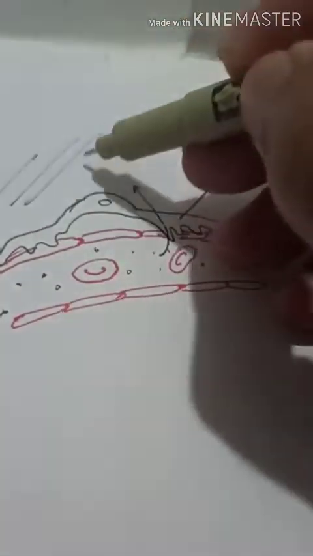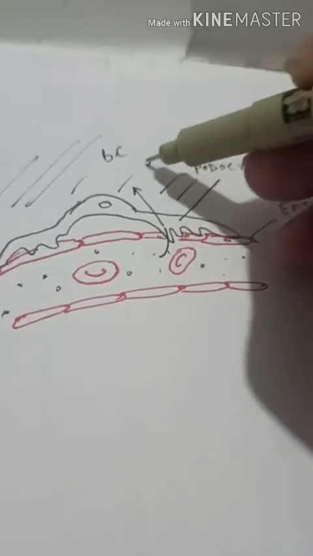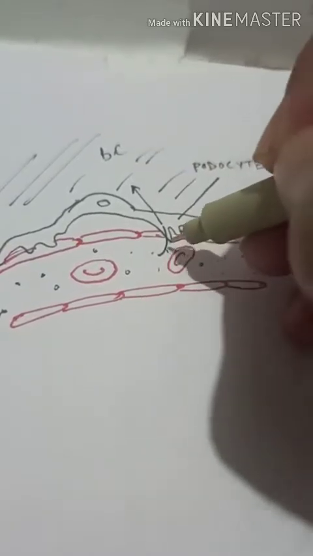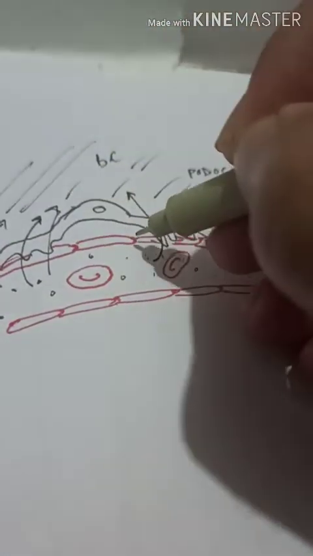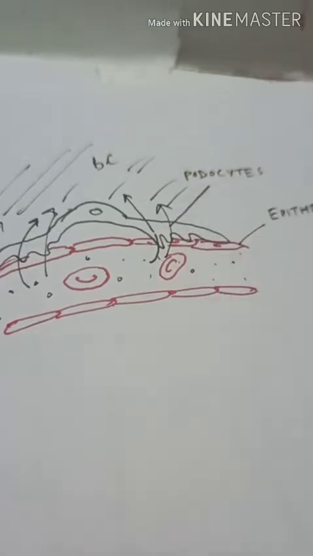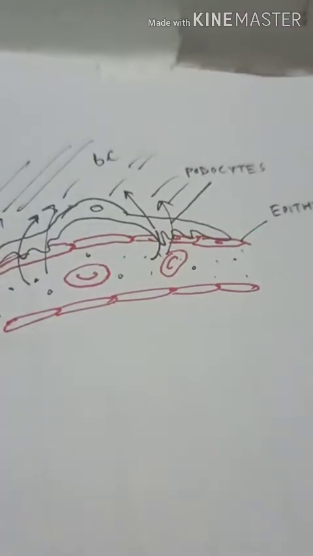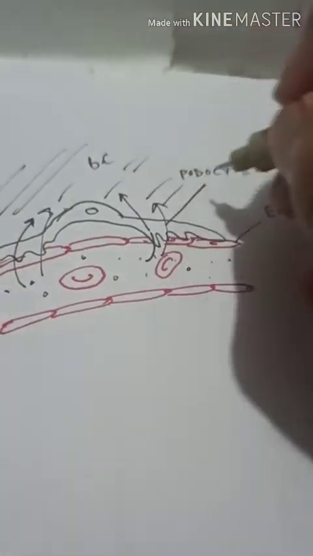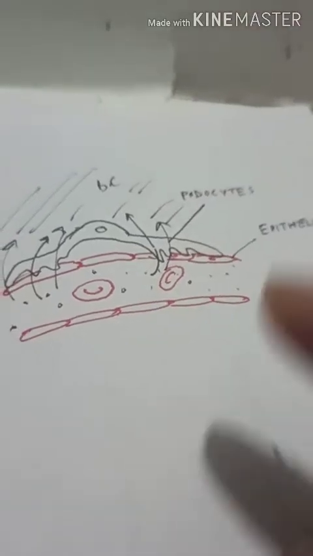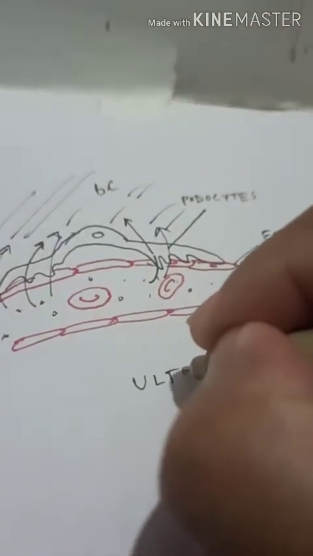Due to the podocytes, all the solute particles pass by diffusion from the blood into that particular chamber. This diffusion is what is known as the step of ultrafiltration.